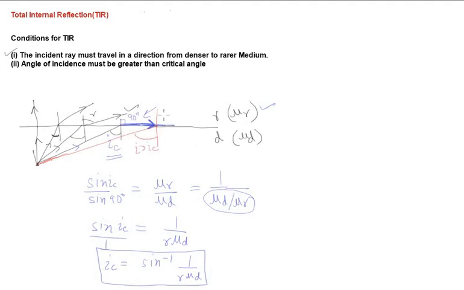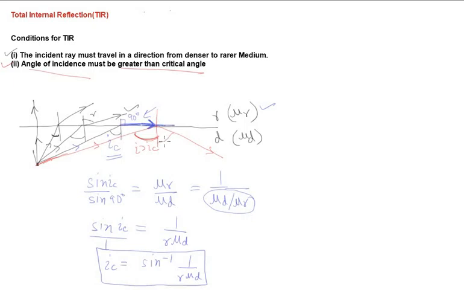For this ray the TIR condition is satisfied. This ray does not go into the next medium, it reflects back into the same medium following the rules of reflection. So let's say if this angle is 80 degrees, this angle will also be 80 degrees, because the angle of incidence is equal to the angle of reflection.